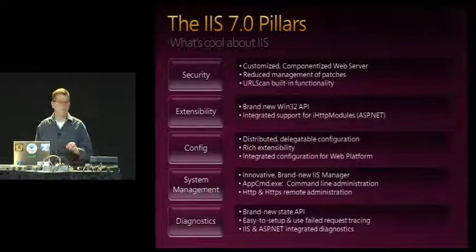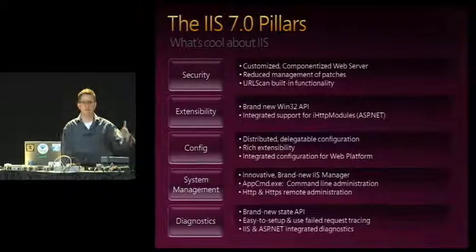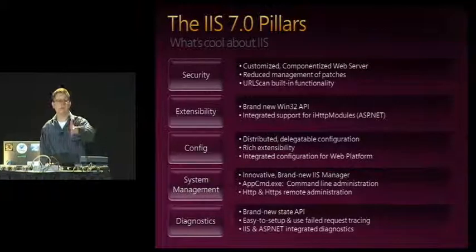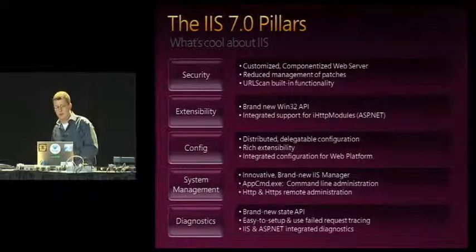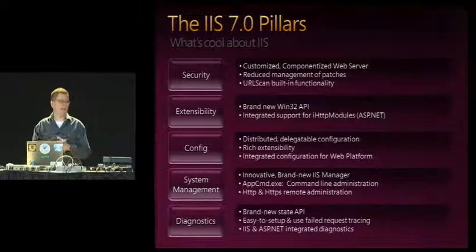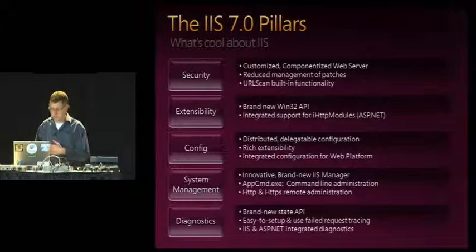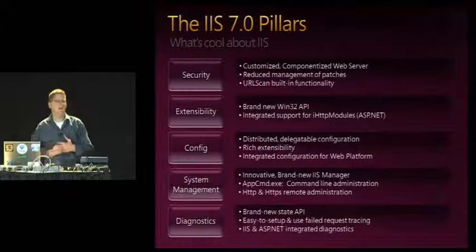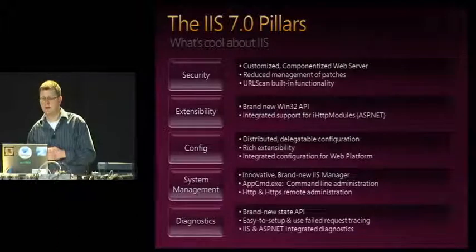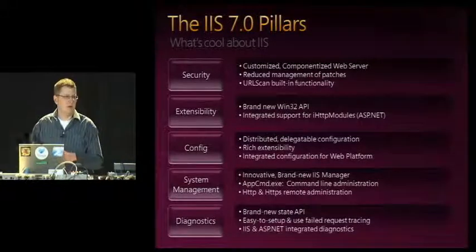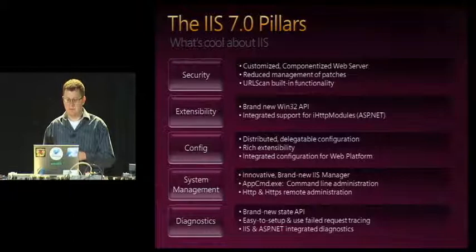We talked about the new XML configuration system that makes it easier for you to copy configuration files around as well as share configuration between servers. We talked about system management, the new IIS Manager that works from remote as well as locally. And we talked a little bit about diagnostics, how you can diagnose your application using that new failed request buffer as well as get runtime status of your IIS server.